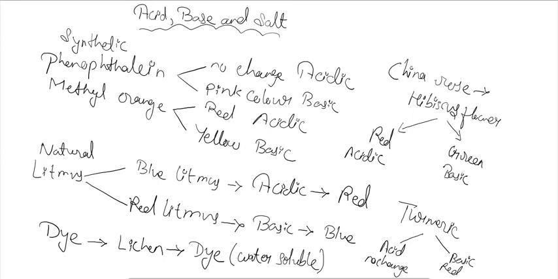These are some examples of the indicators which we discussed in our previous videos. Let's now move further to distinguishing acids and bases on the basis of the power of hydrogen ions present in them. Here we are going to discuss the pH scale.